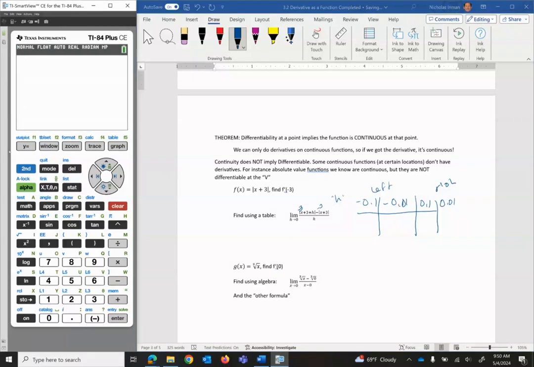That's not going to work. Plus 3 plus our h, and then -3 plus 3 would be 0 over -0.1.